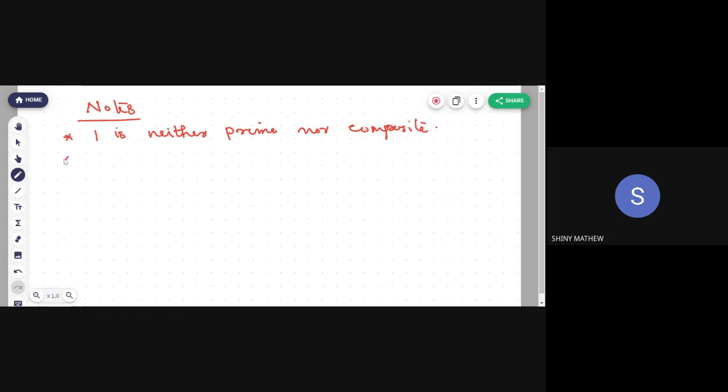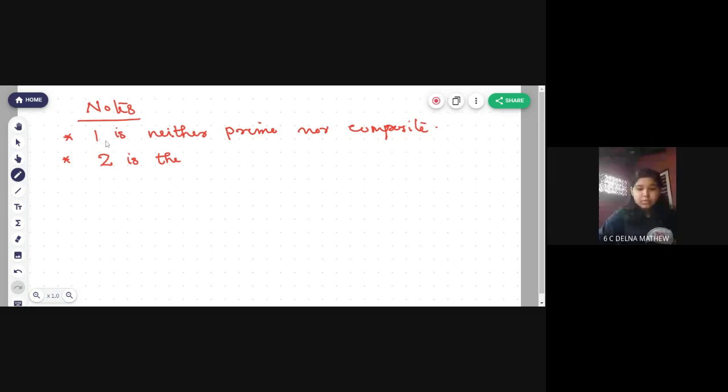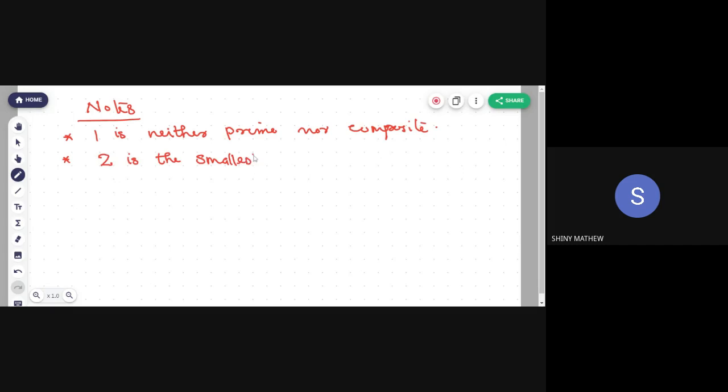Then below you write, which is the smallest prime number? 1? Prime number. 2 is the smallest. Okay. And first notice this way: after saying 1 is neither prime nor composite, when asked the smallest prime number, how can you say 1? So 2 is the smallest prime number.